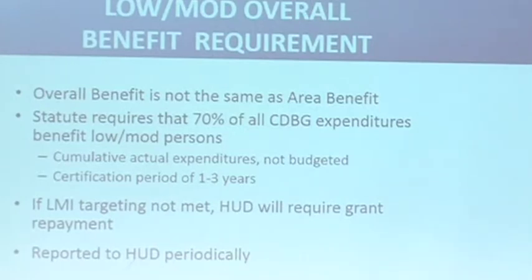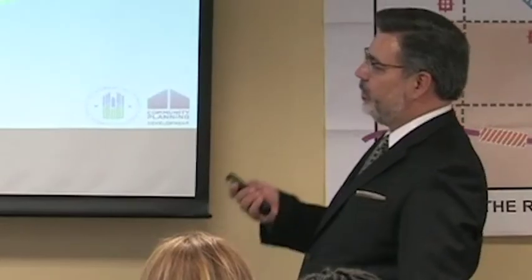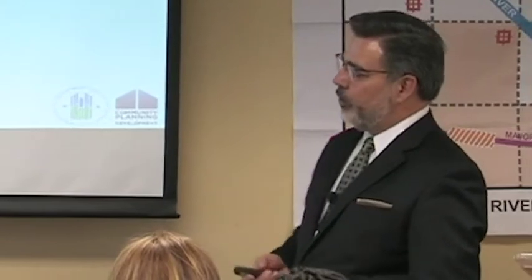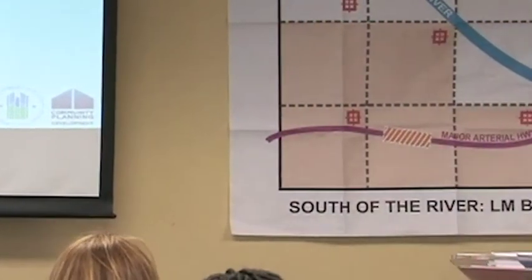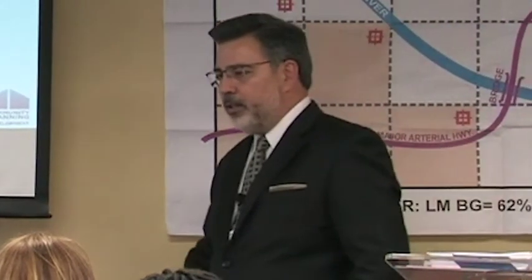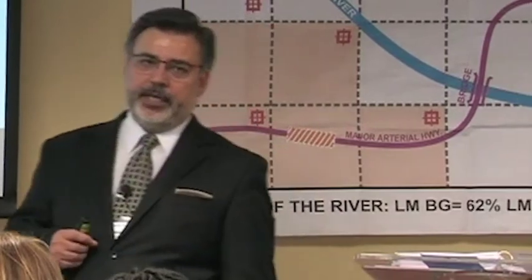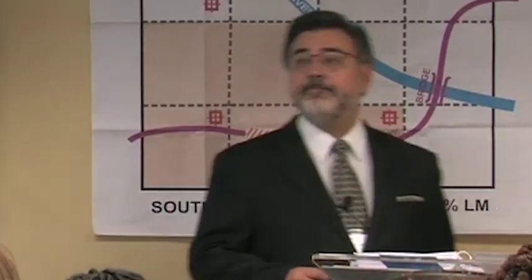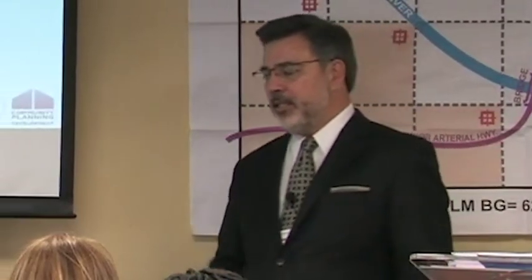So this is a tool that you can use. Let's say that next year you want to spend more than 30% of your grant allocation on commercial rehab. You did a slum blight analysis.